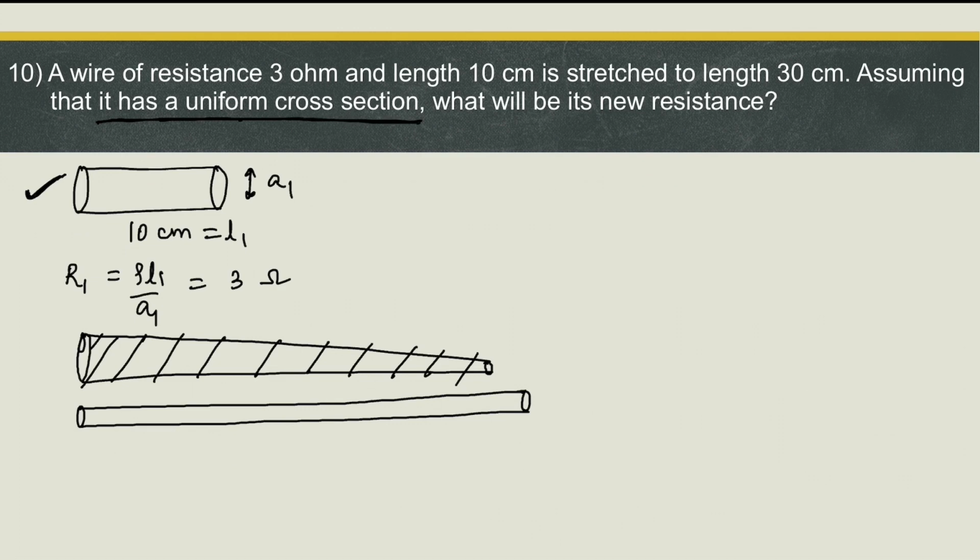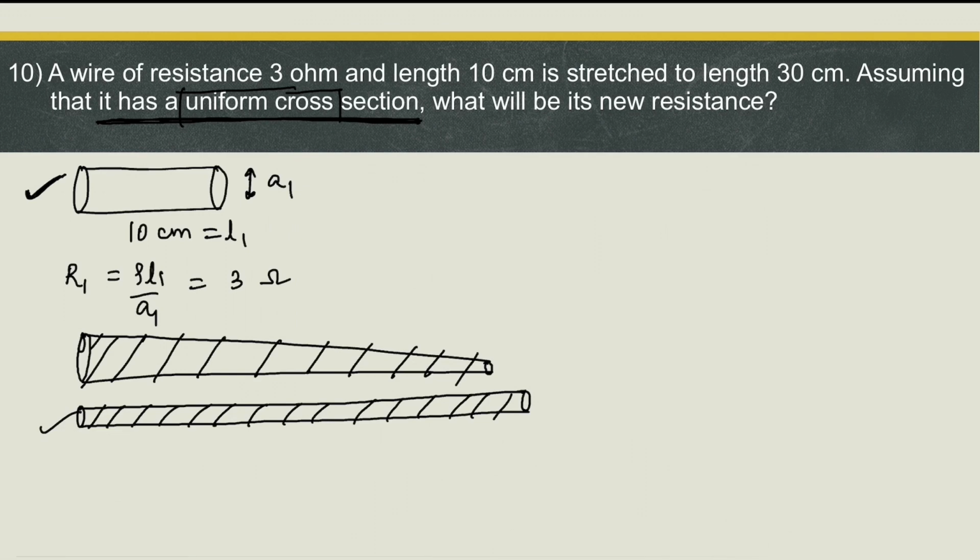This is what this particular phrase means, that it has uniform cross section area. Understand that here the statement is not that the area remains constant. The phrase is it has uniform cross section. The word is not constant, the word is uniform. So when I stretch the wire like this, I can say that the area throughout the wire is uniform.